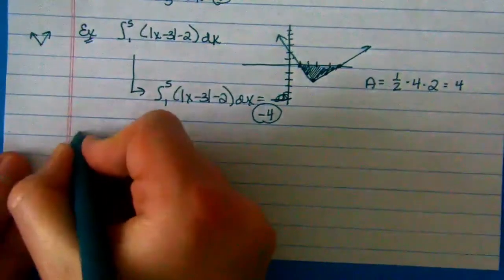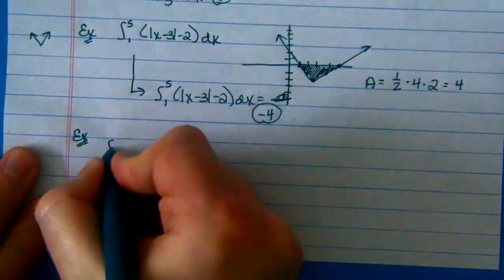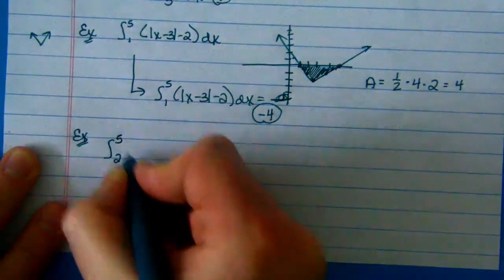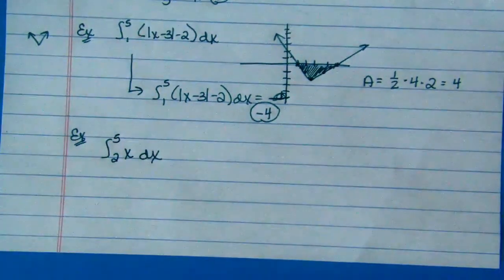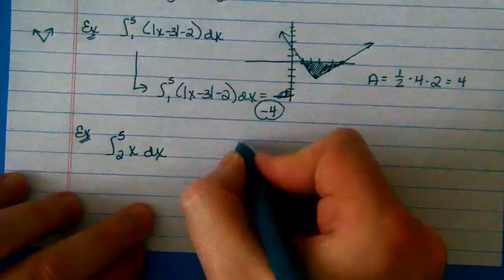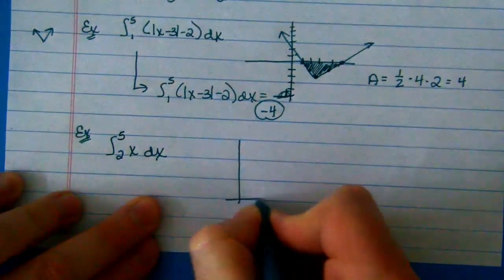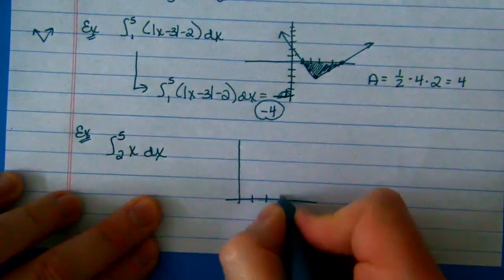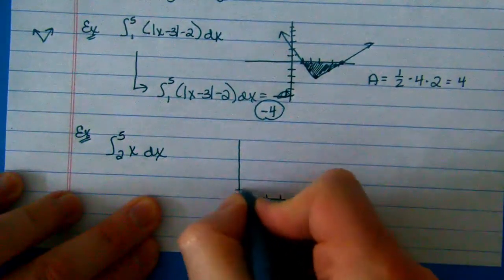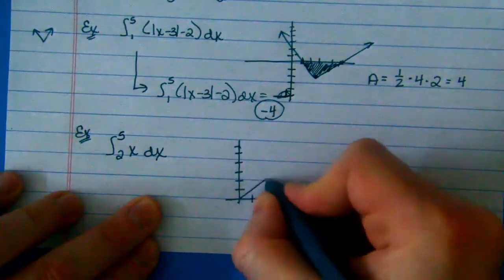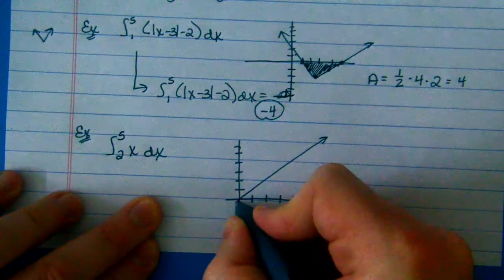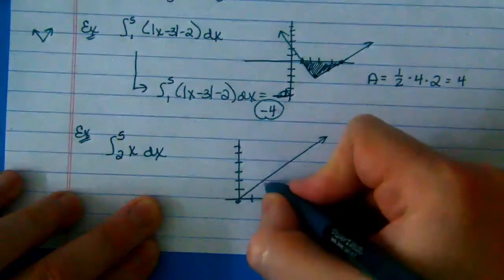Next one. The integral from 2 to 5 of x dx. Go graph it. Maybe I'll just draw my axes in quadrant 1 here. So just have a normal slanted line with a slope of 1, y-intercept of 0.